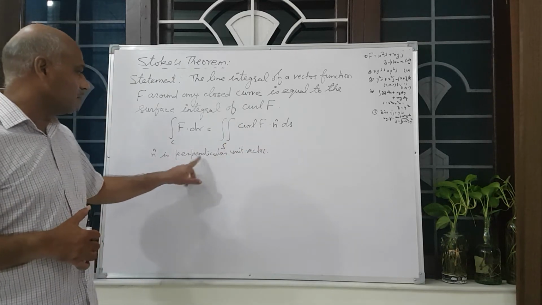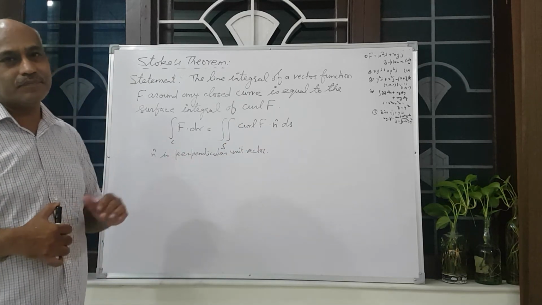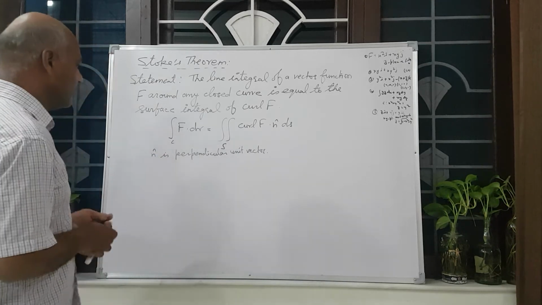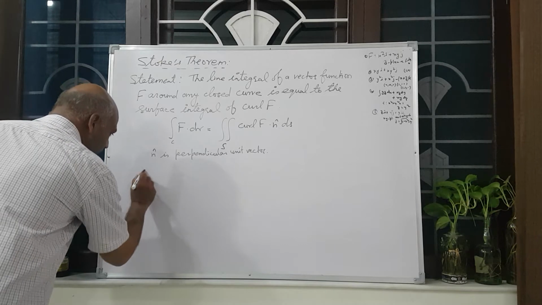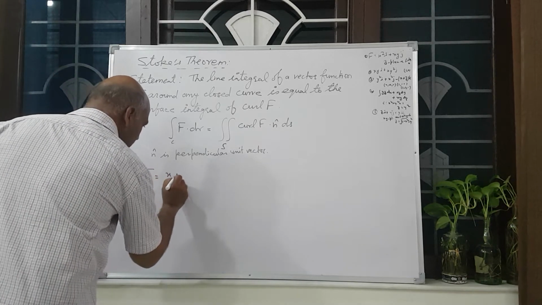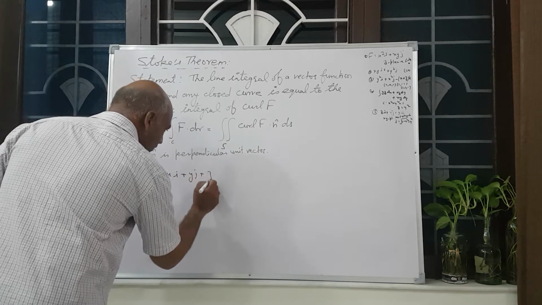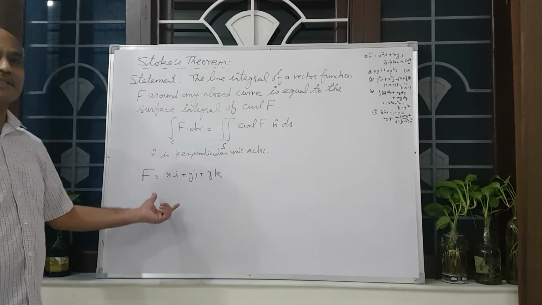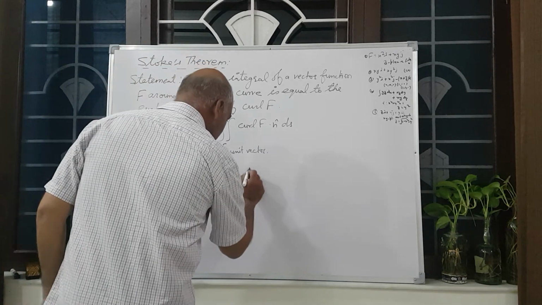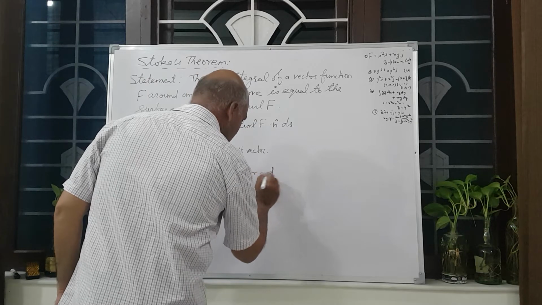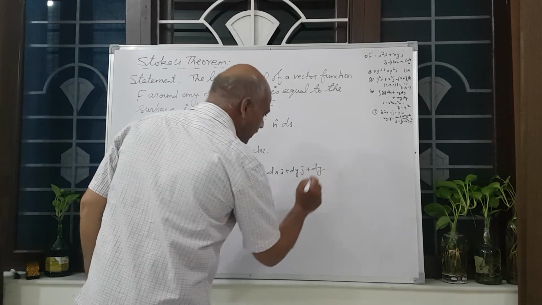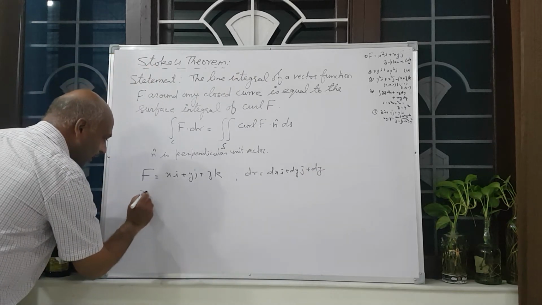So n cap is the perpendicular unit vector. Suppose F is xi plus yj plus zk, and dr is dxi plus dyj plus dzk, defined in the xy plane.